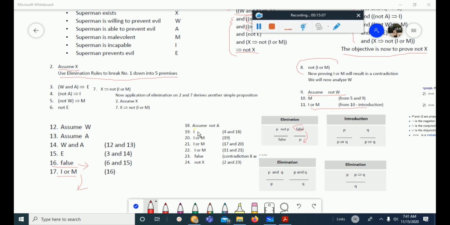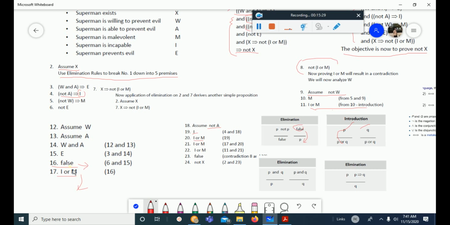Again this is a contradiction to rule number 8 which we have written. So here we now assume not A. If we look at not A, we got I. So again from this we conclude I or M, by introduction.